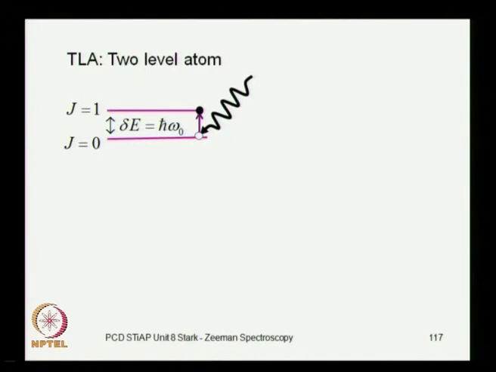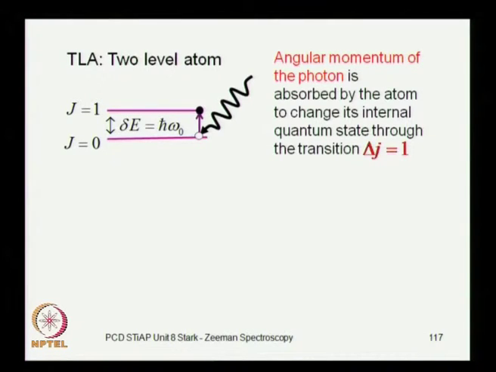excited. Now, what is going to happen is that the angular momentum of the photon is absorbed, and the internal atomic angular momentum quantum numbers change, and the internal changes in the atomic structure raise it through a delta j equal to 1. So, that is where the angular momentum is being taken care of.